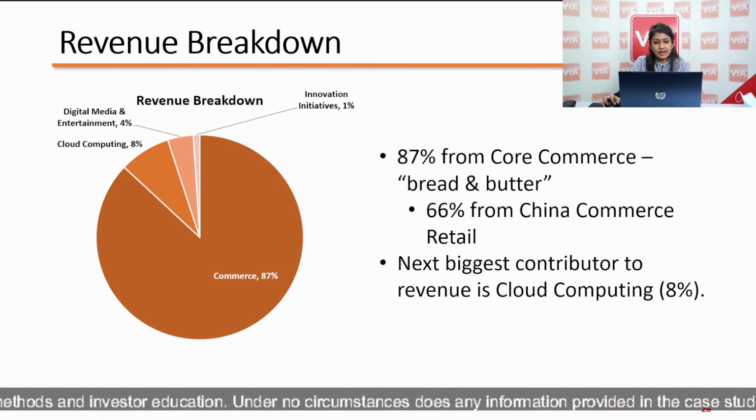And the next biggest segment is the cloud computing, which contributes 8% to the overall revenue of the company. And then we have digital media and entertainment, which constitutes 4%. And next is innovation and initiatives, which contributes 1% to the total revenue of Alibaba. In addition, we also have Ant Group, in which Alibaba has 33% stake, which provides digital payment services and financial services to customers.